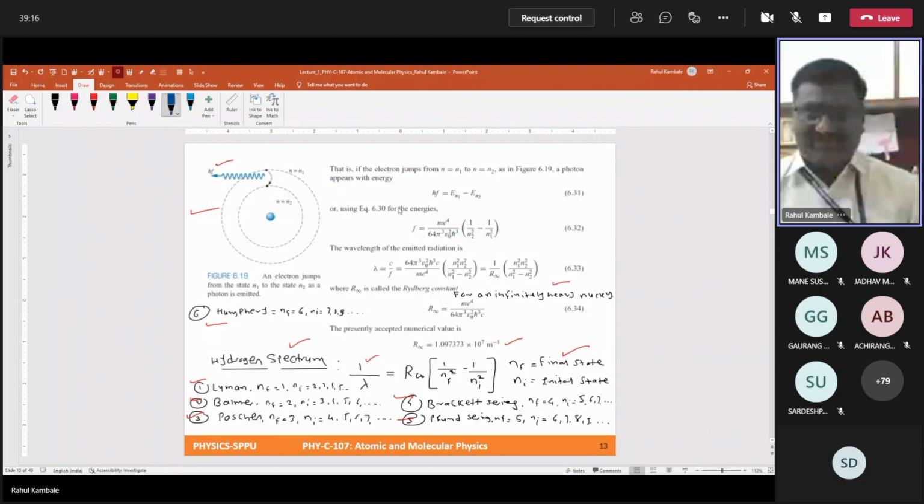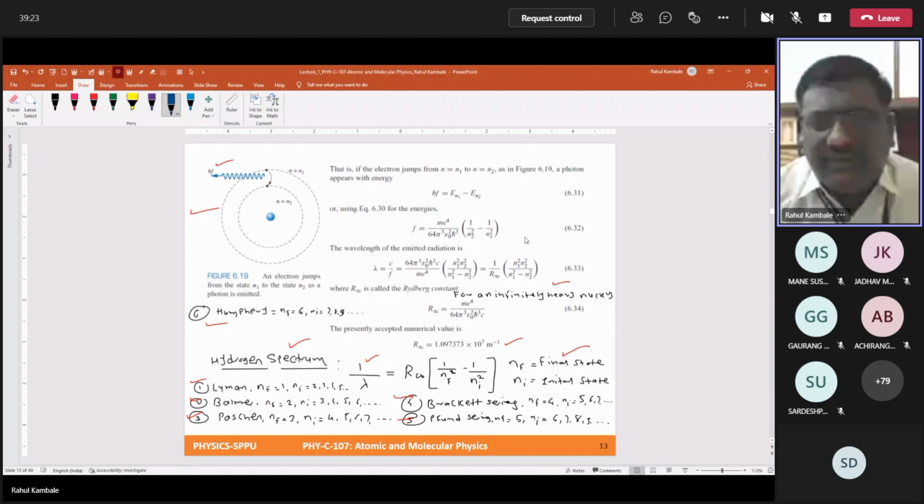So complete this part. This you have learned, just for your understanding, because the hydrogen spectra is there. One thing is to use R infinity, the Rydberg constant for an infinitely heavy nucleus. So what is the point of understanding? It is important for the hydrogen spectra.